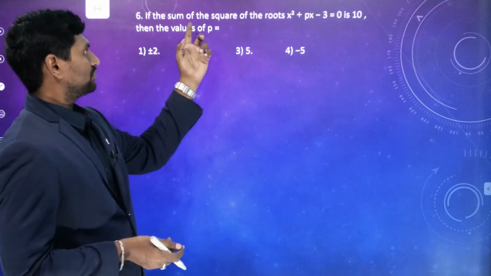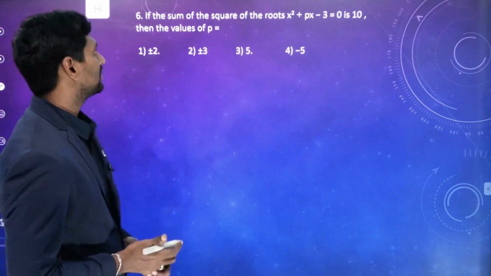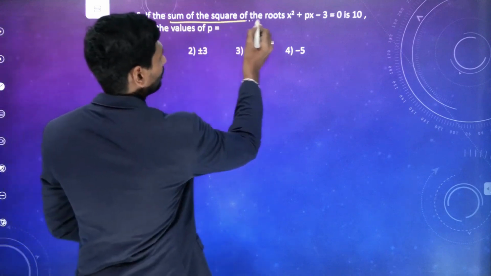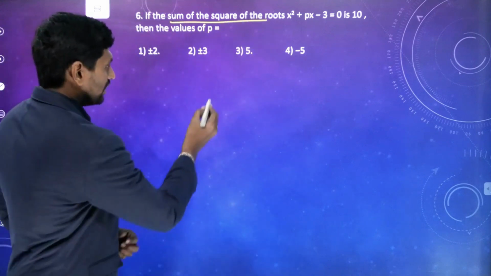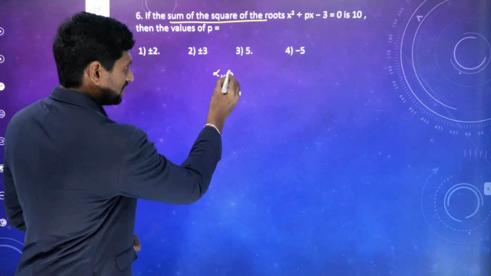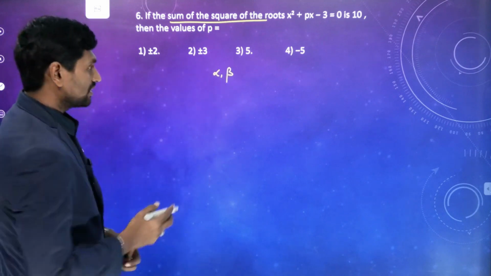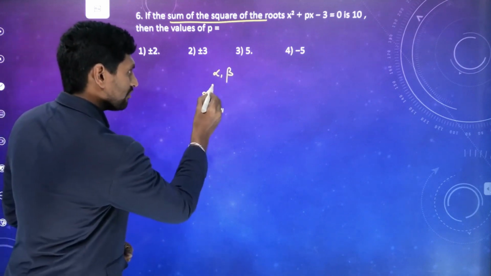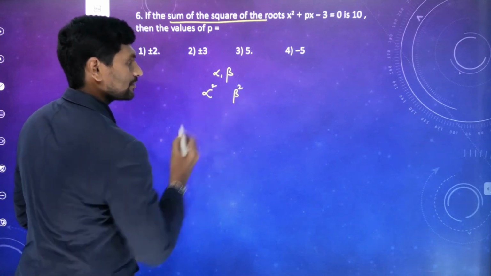If the sum of the squares of the roots of this equation is 10. If alpha, beta are roots, their squares will be alpha square and beta square.